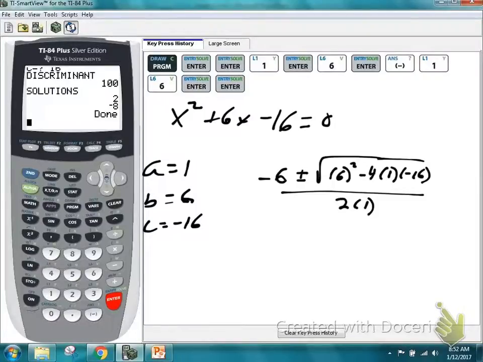I want to see all that. After that, negative 8, 2, circle. That's what I want to see on your papers.